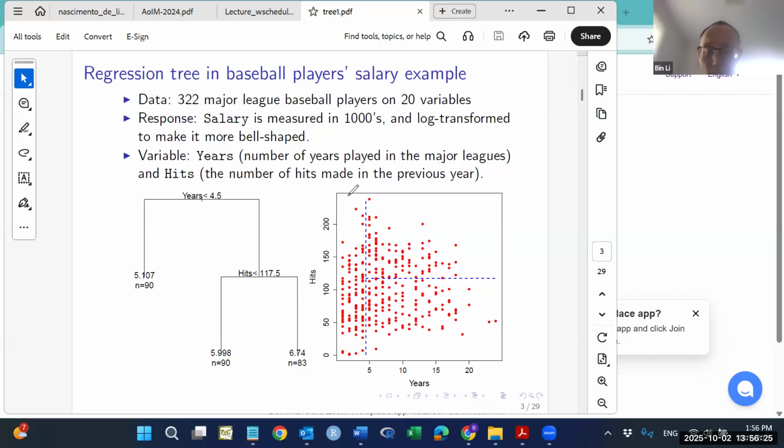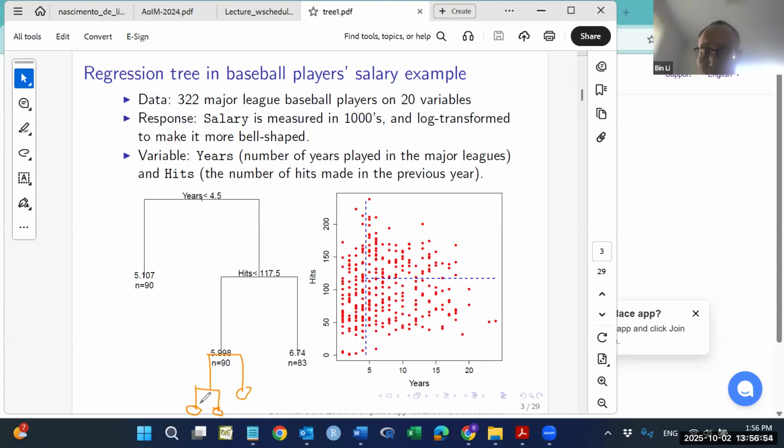Let's say, for example, based on this tree, I have a further split. Okay, so what is the depth of this tree? Now you can see the deepest leaf we have is here, these two.